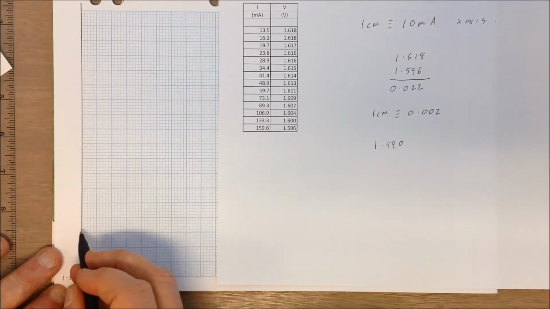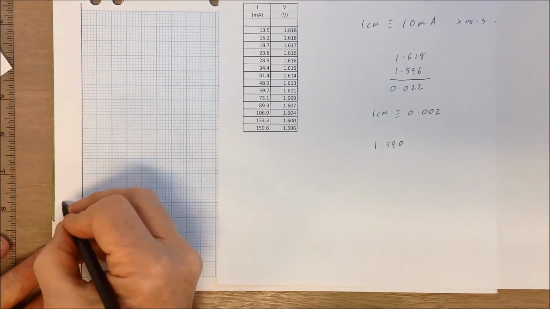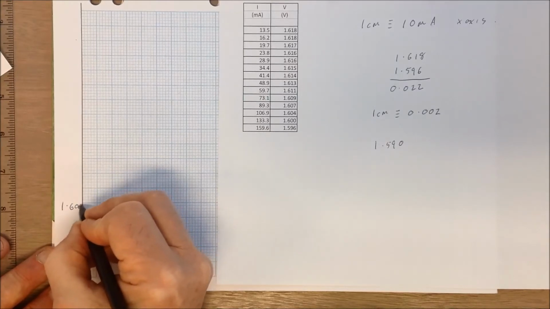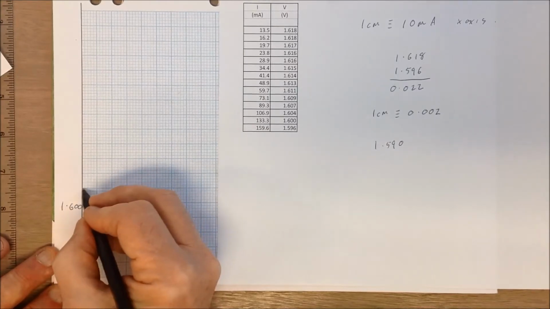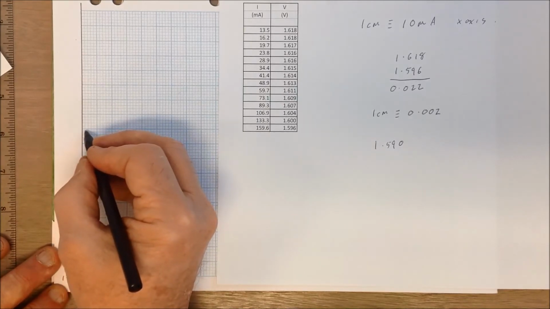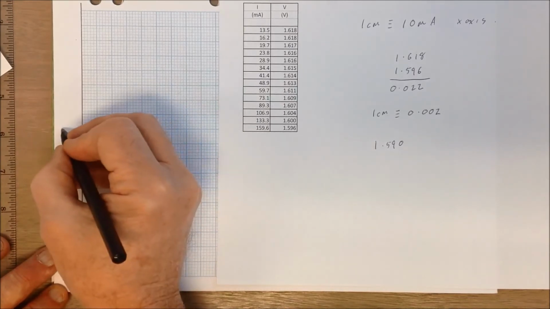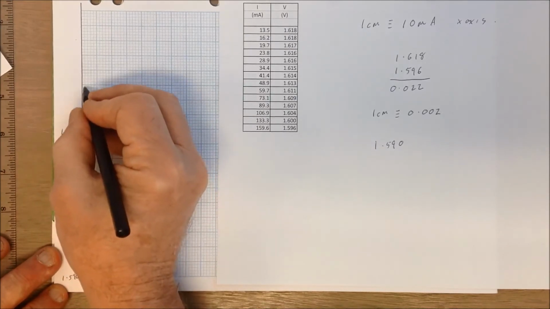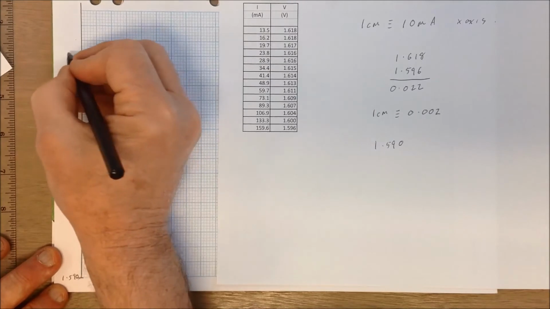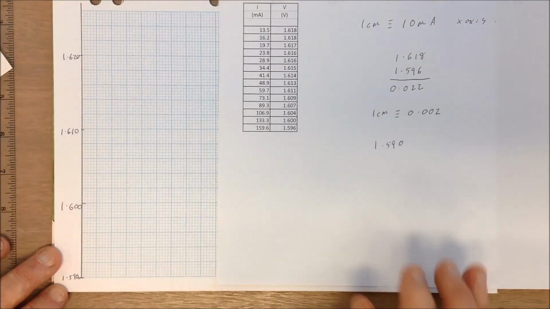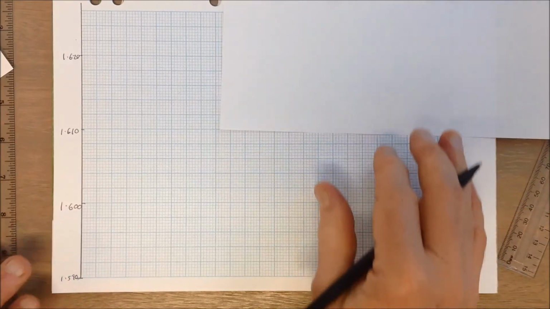So 2, 4, 6, 8, 10. That will be 1.600. 2, 4, 6, 8, 10. That will be 1.610. 2, 4, 6, 8, 10. 1.620.